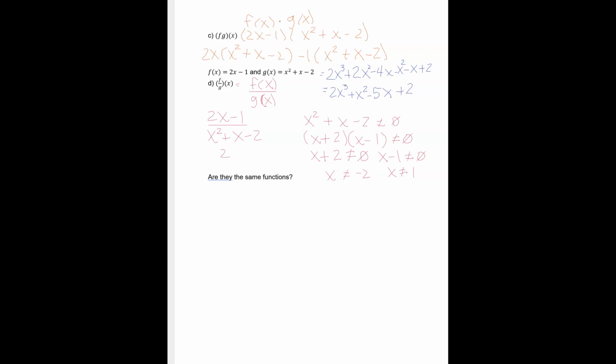So we can write it again as 2x minus 1 over x plus 2.